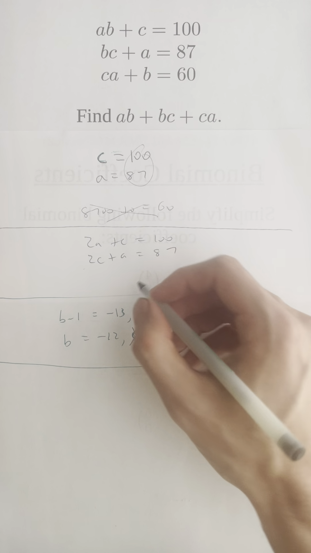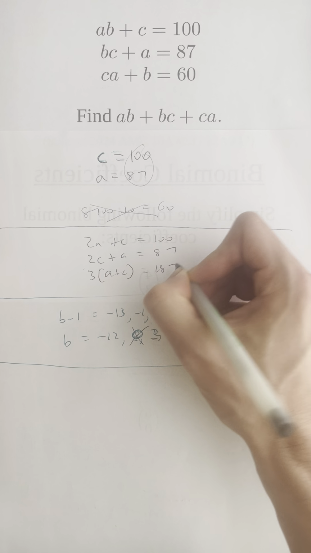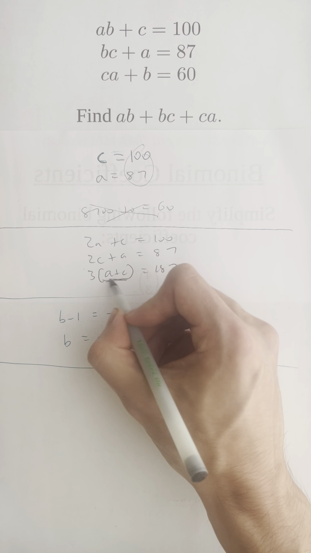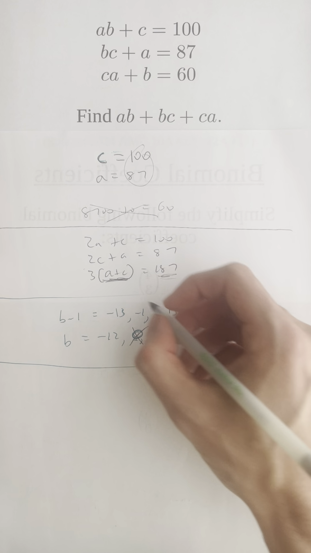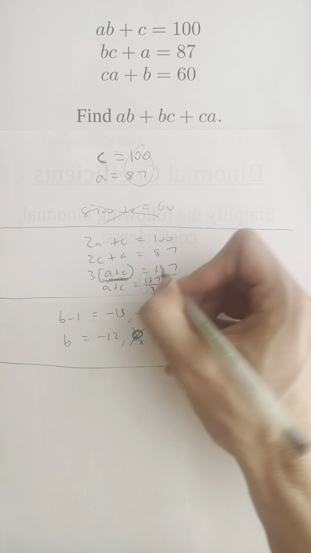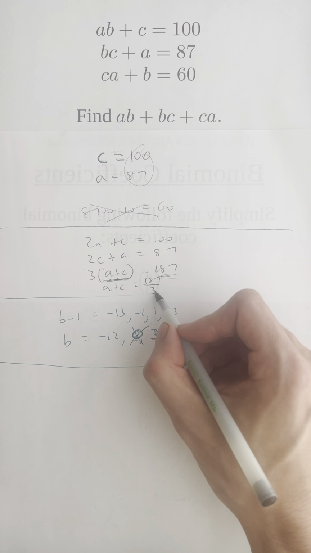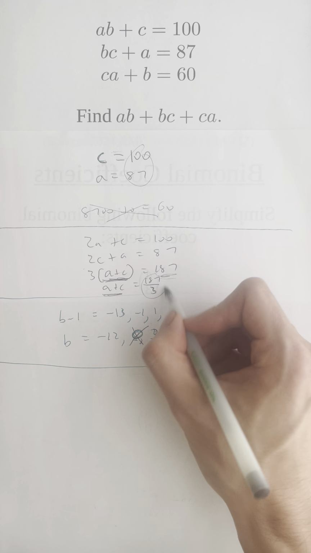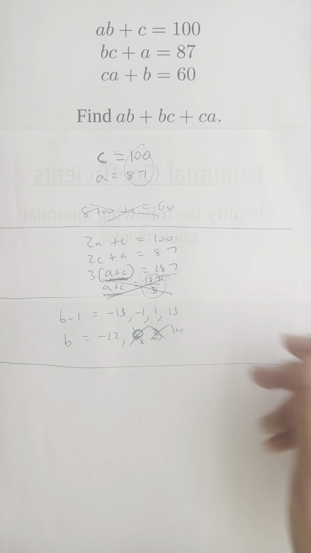If I add these two equations, I get 3 times (a plus c) is equal to 187. Since a plus c has to be an integer, the right-hand side also has to be an integer if I divide both sides by 3. But 187 is not divisible by 3. So this is supposed to be an integer, but it is not, so we're at a contradiction. So b can't be 2 either.